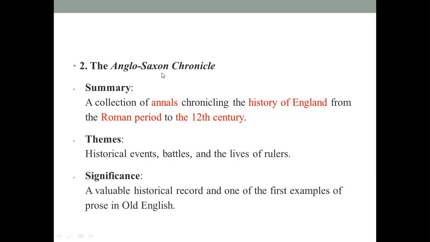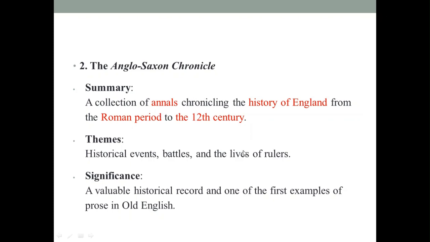So this Anglo-Saxon Chronicle is a record of the history of England from the Roman period to the 12th century. In this chronicle, we find the historical events which happened, the battles, and the lives of rulers.